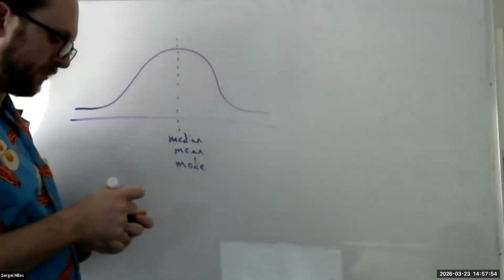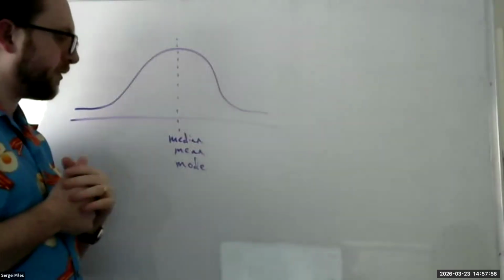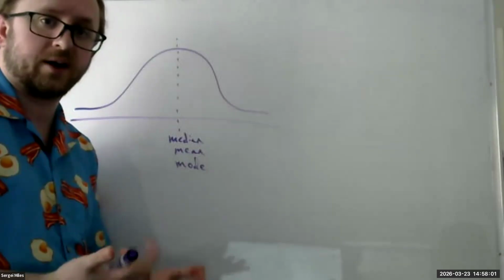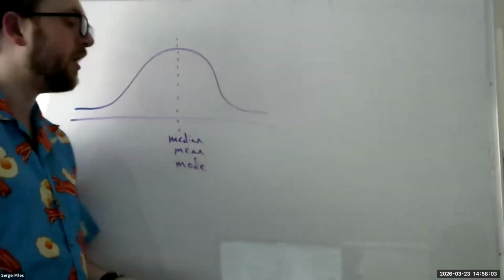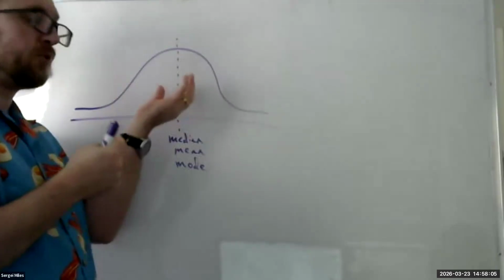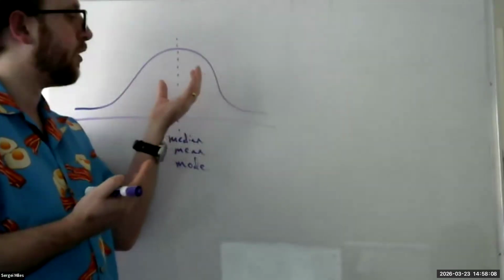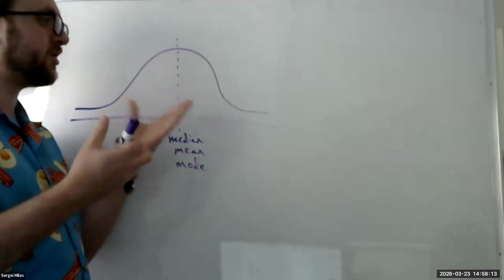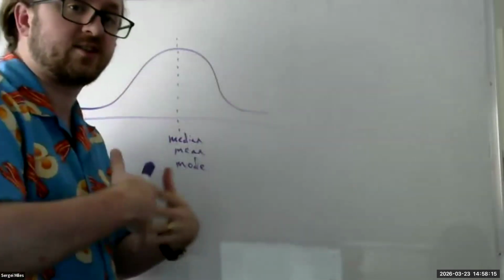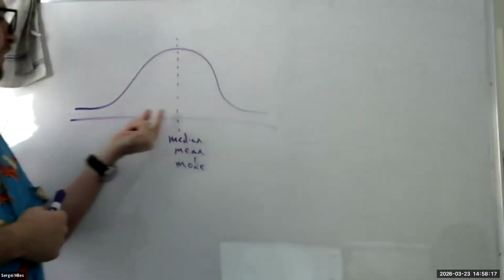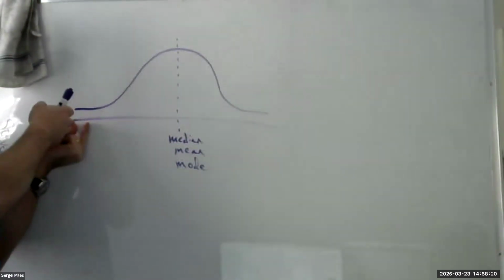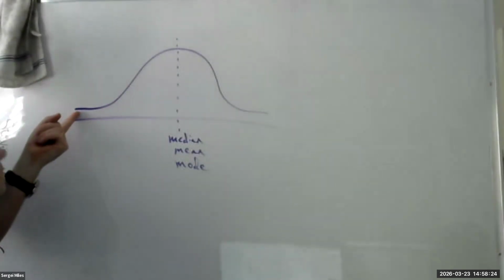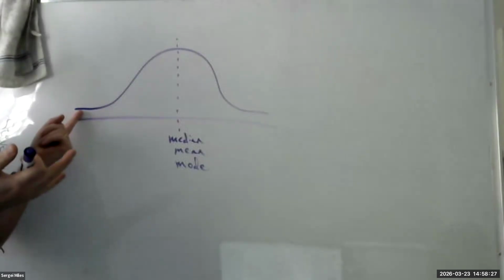You can also see this if we're talking about people who are running a race for a mile, or a race for a marathon. Most people are probably going to be somewhere around the average race time, where some people are a little bit faster, some people are a little bit slower. If someone is winning the race, they're ahead of everybody, then they're going to have a shorter race time, and there's only going to be a few people who are winning the race, at the front.